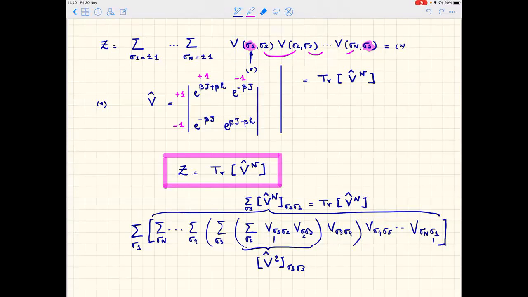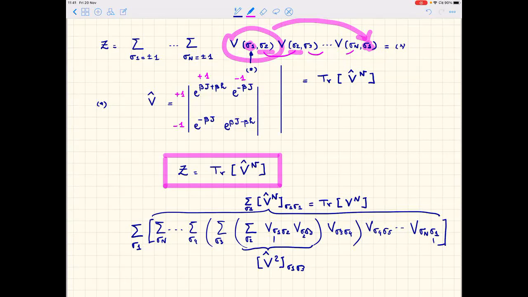In order to do that, I take this guy and put it at the end, and then start summing over sigma 3, sigma 4, etc. I sum explicitly over sigma 1, but then I will have at the end left behind sigma 2.